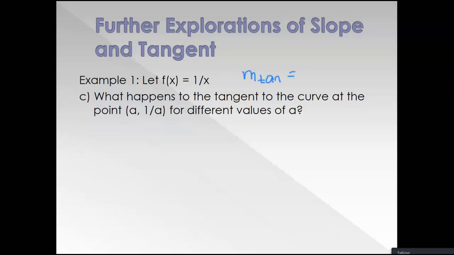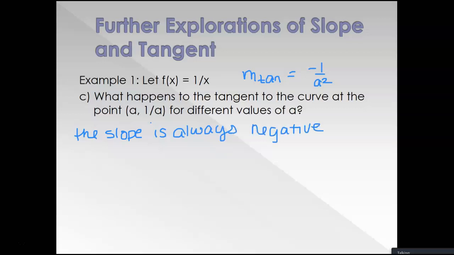The slope of the tangent is negative 1 over a squared. The slope of this curve is then always what? The slope is always negative. There is no value of a at which that slope could be positive.